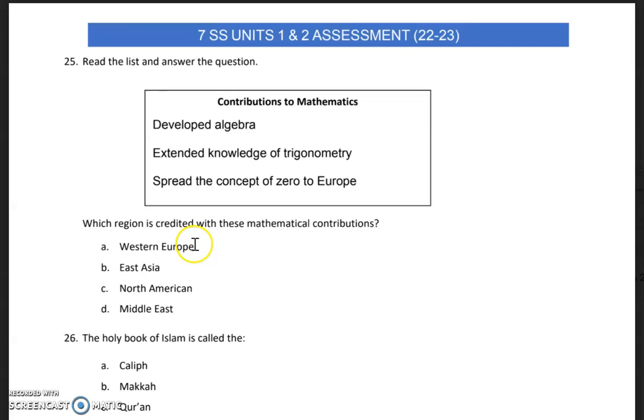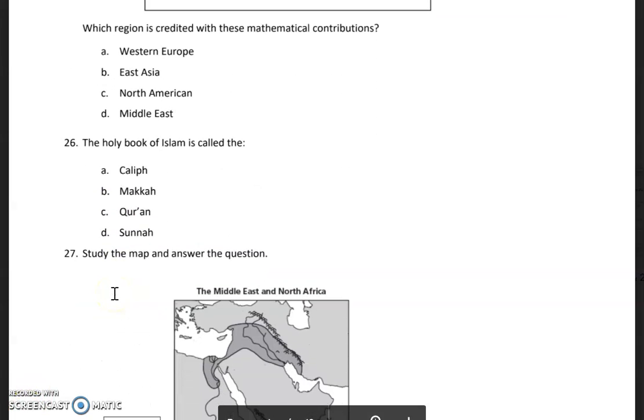A. Western Europe, B. East Asia, C. North America, D. Middle East. 26. The Holy Book of Islam is called the: A. Caliph, B. Makkah, C. Quran, D. Sunnah.